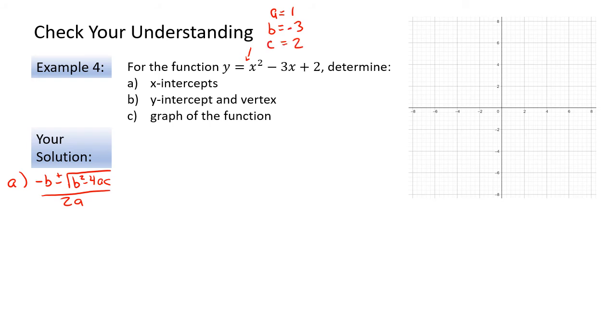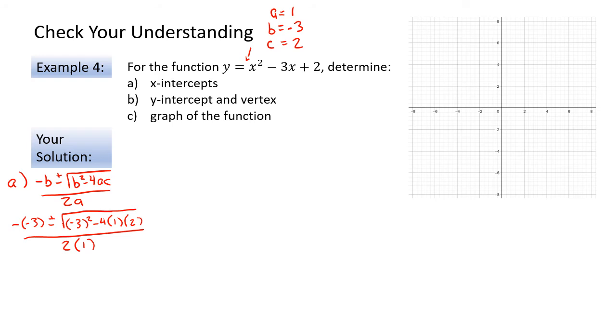Okay? Substituting these values in, we get negative of negative 3 plus or minus the square root of negative 3 squared, which is b, minus 4 times a, which is 1, and c, sorry, which is 2. Divided by 2 times a, which is 1.